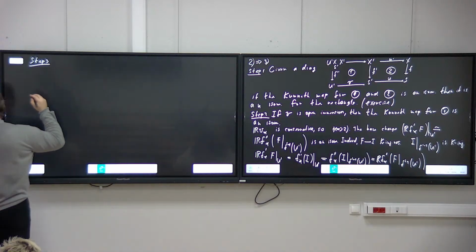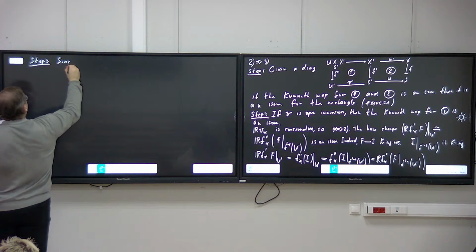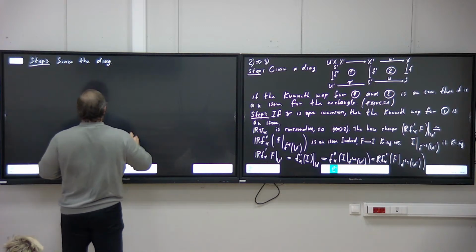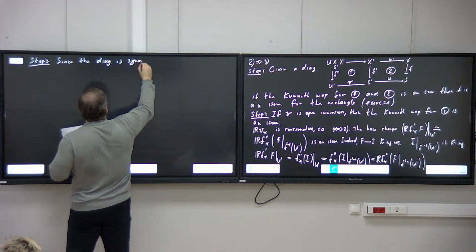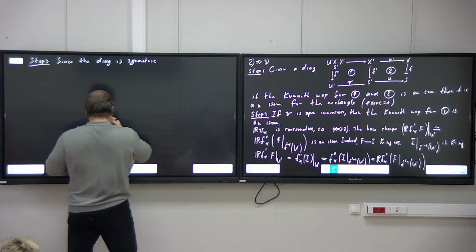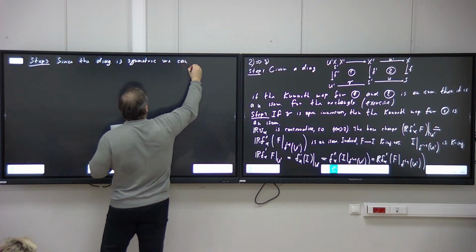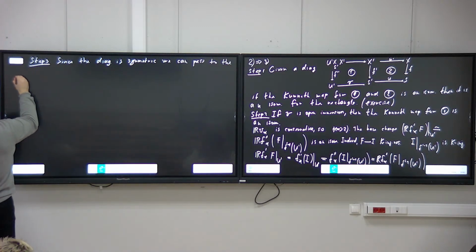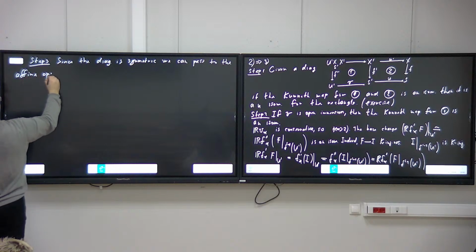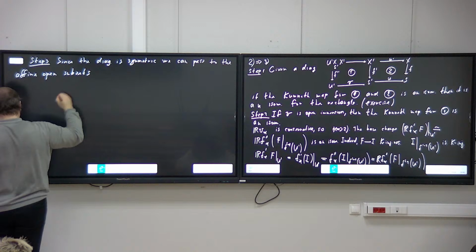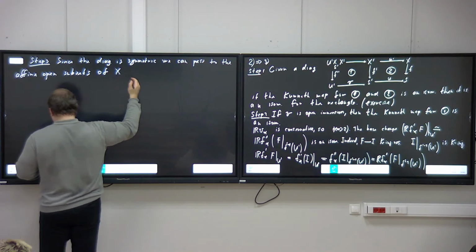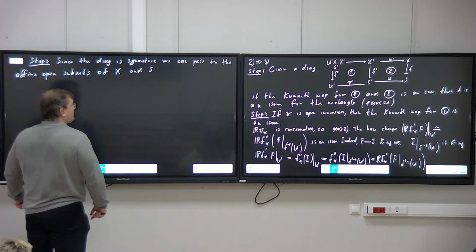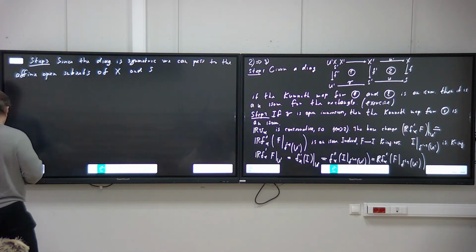So let me say that since the main diagram that I have in the statement of the theorem is symmetric, we can pass through the subsets of X and S. For S that is step 1 and step 2, and for X, by the fact that this is symmetric.